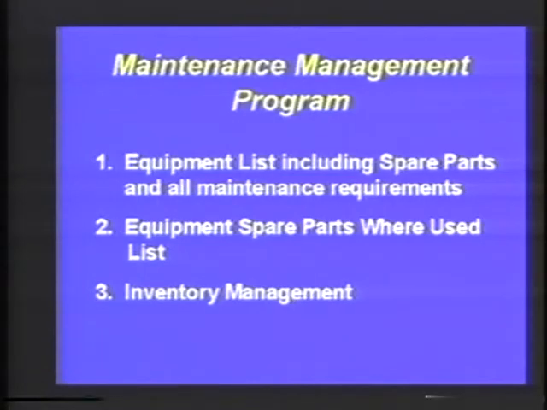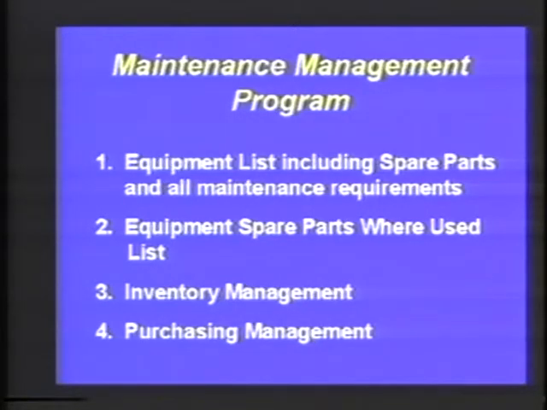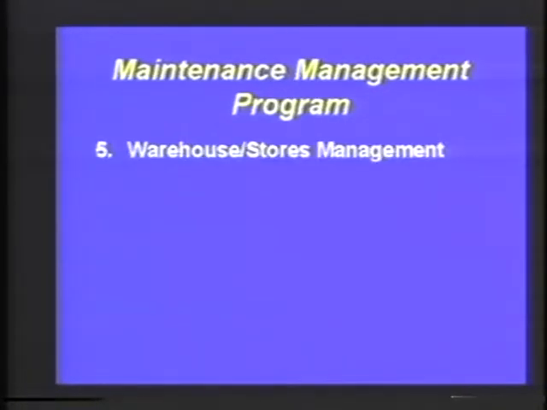The third module is the inventory management system, and we're going to show you how that's integrated with the maintenance work order planning and scheduling system, the purchasing system, and also the stores or warehousing system. The next module 4 is the purchasing system, and we'll talk about the integration of purchasing with inventory, stores, and maintenance work order planning and scheduling.